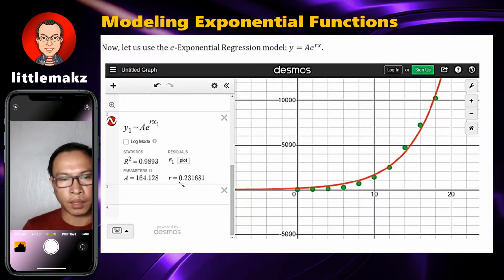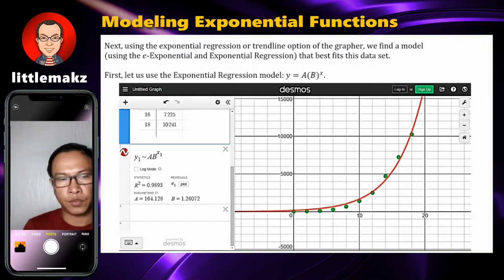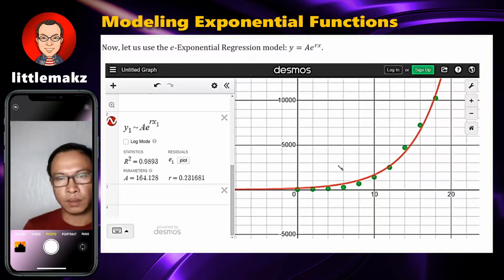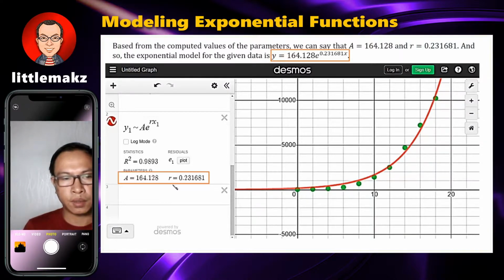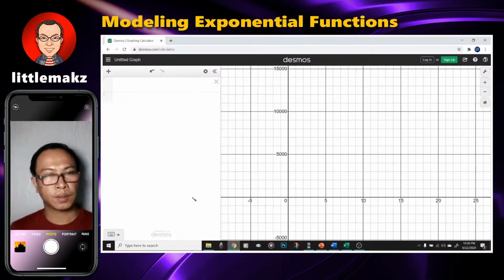Then we will be able to get r here, and of course the initial value, which is the same, 164.128 that we have obtained from our first equation. And then the second graph is this one, the same red. And so your A and r are given, so we could have now our models.